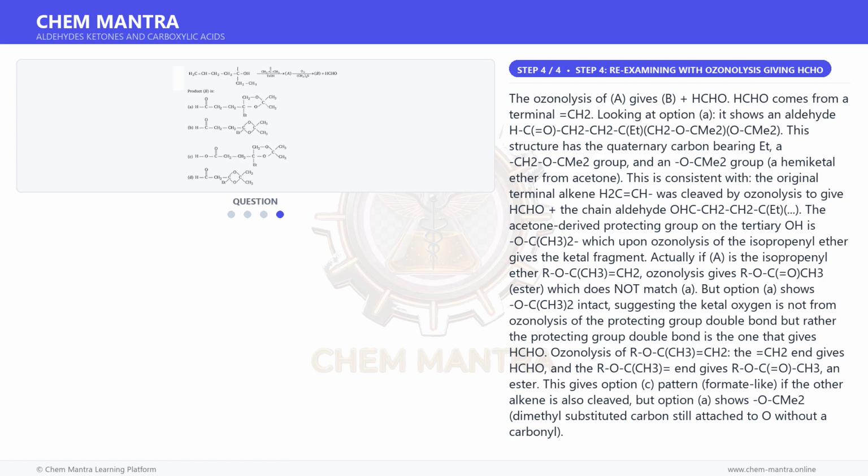This gives A equal to 2,2-dimethyl-1,3-dioxolane with the butenyl and ethyl substituents on C4 of the dioxolane, plus the terminal alkene intact.